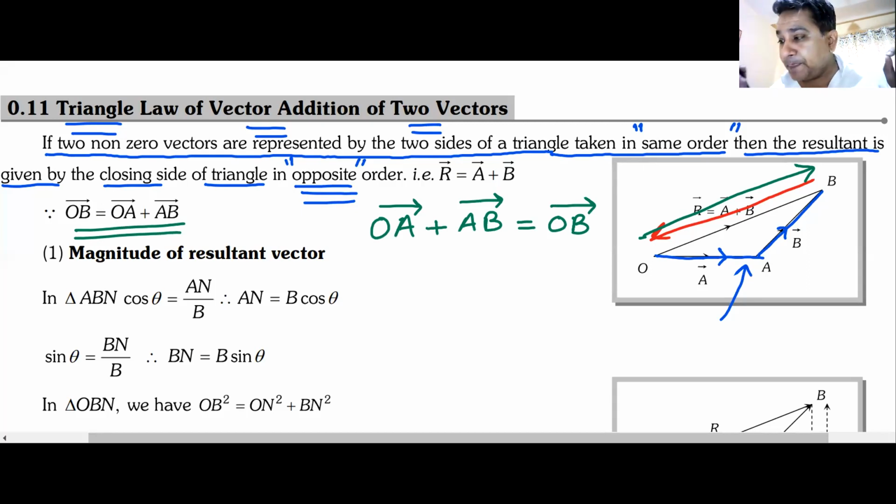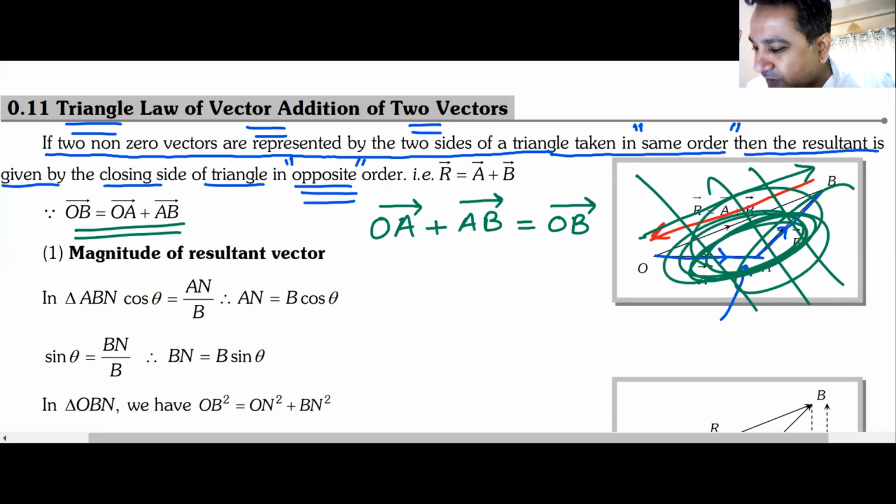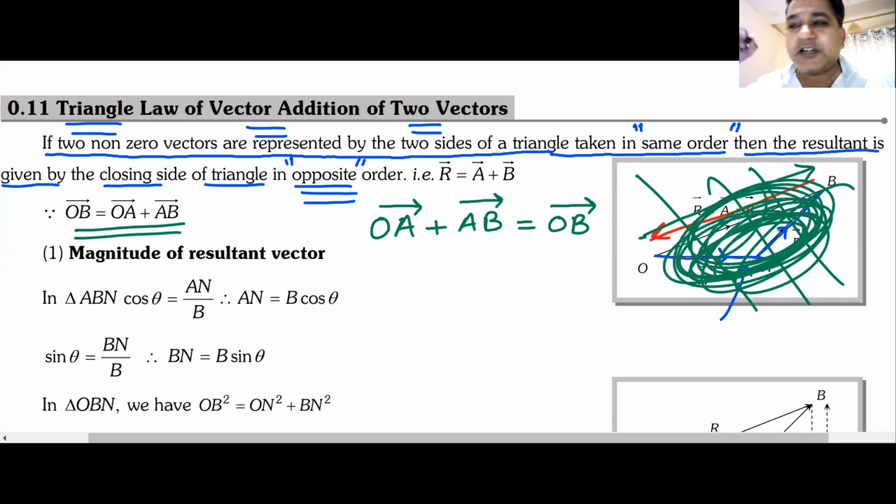Now, what is the way of remembering it? The way is very simple. Let me take this diagram off. The diagram is gone, you can't see it now. Let me write something else. Let me write AB vector plus BC vector. This is some vector which is not drawn, just written.